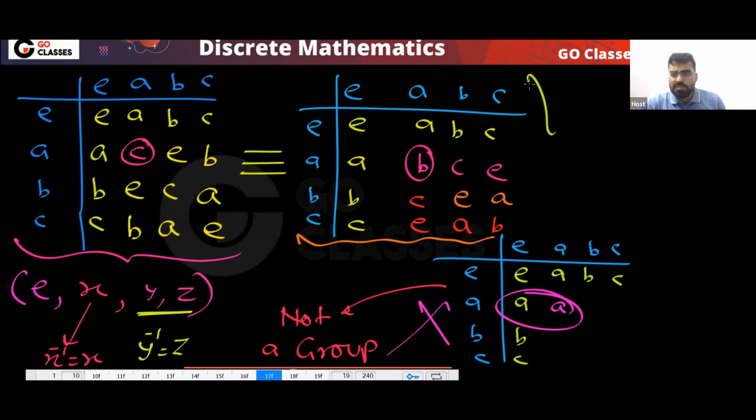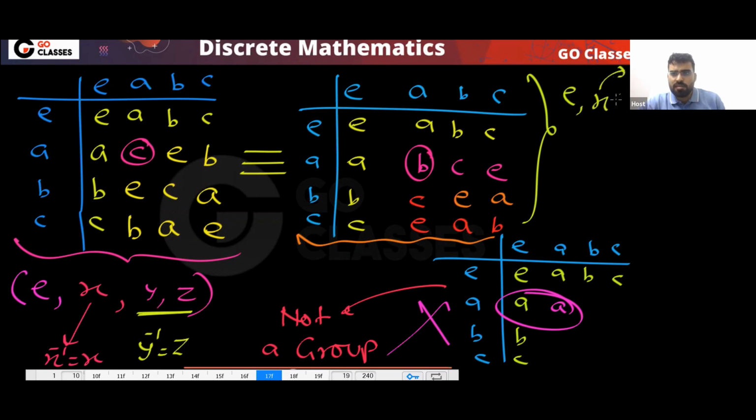The same structure we have here. Yes or no? So one element is the identity element, and one element is the inverse of itself.